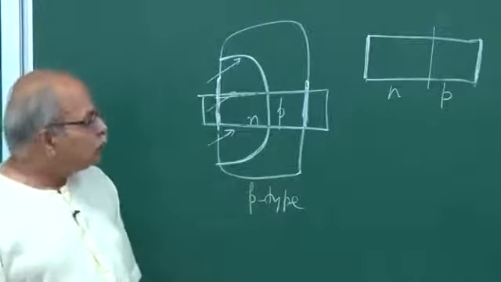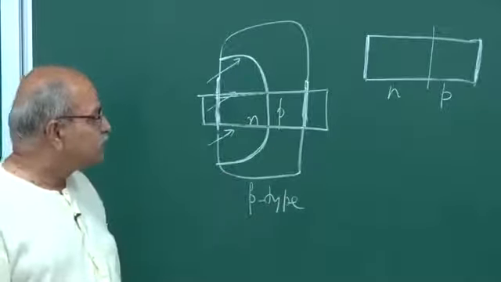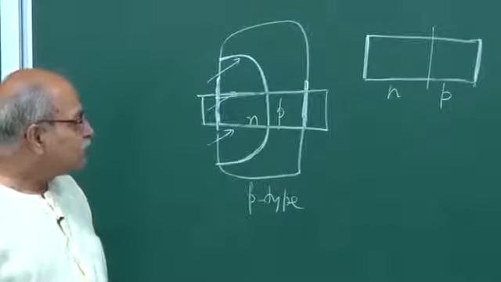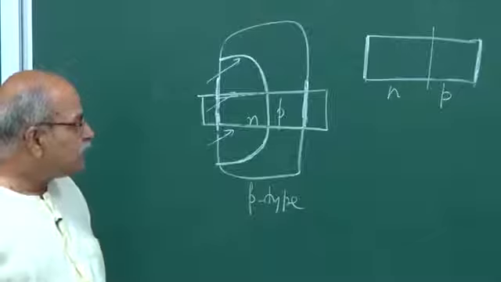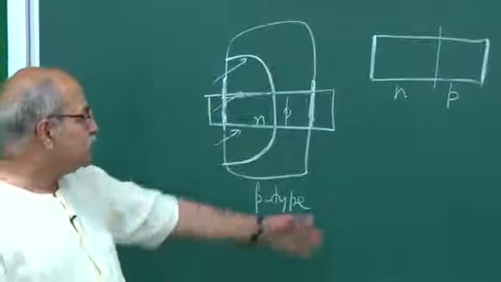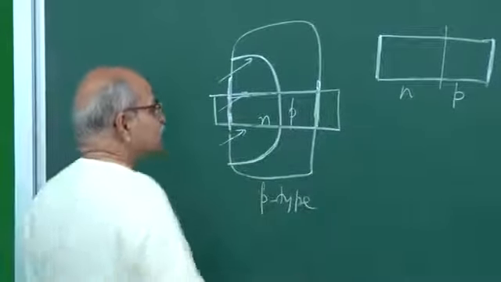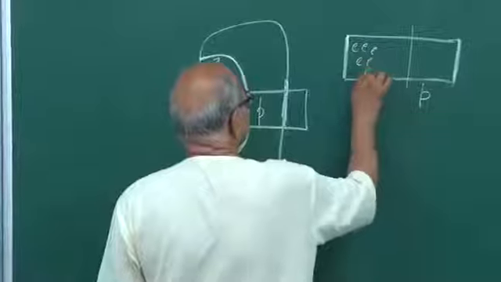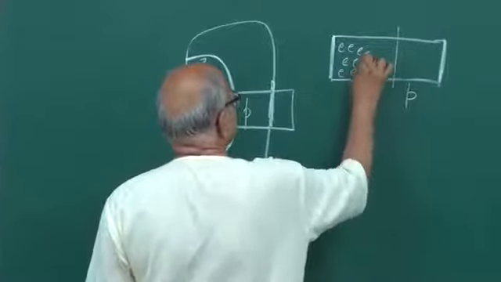Now, if you do create this kind of a p-n junction, it is an absolutely unstable situation, because this is n type. What does it mean? It has huge number of electrons, large number of electrons, conduction electrons.